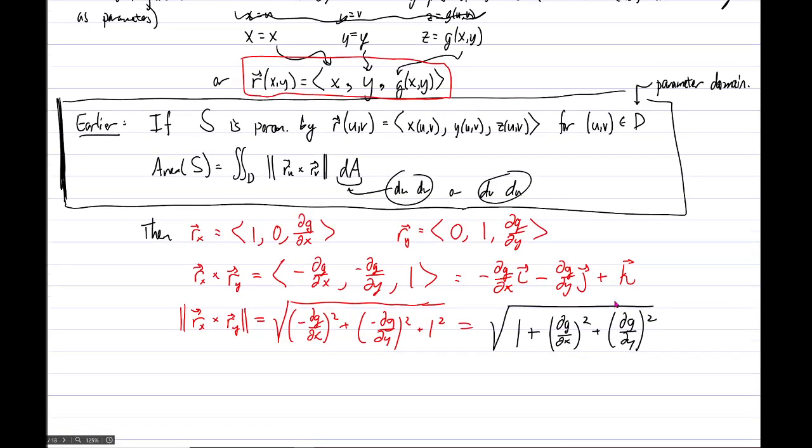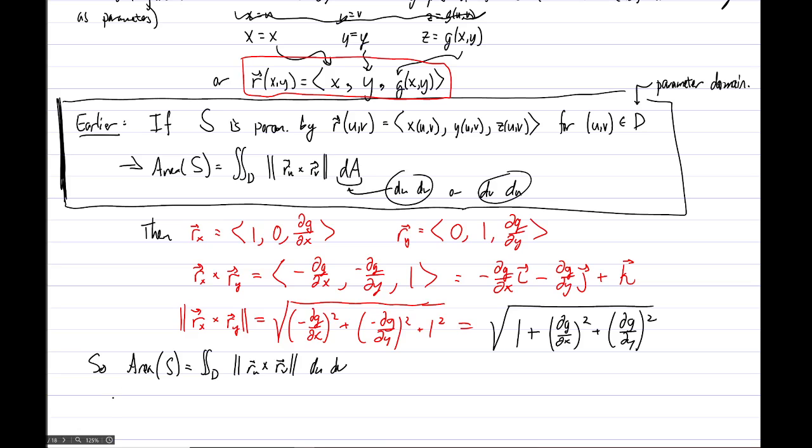So here's the thing. We originally would have had this area of S, which was the double integral over D of the magnitude of r sub u cross product r sub v, and dA. Let's just write a du dv for right now to emphasize certain things.